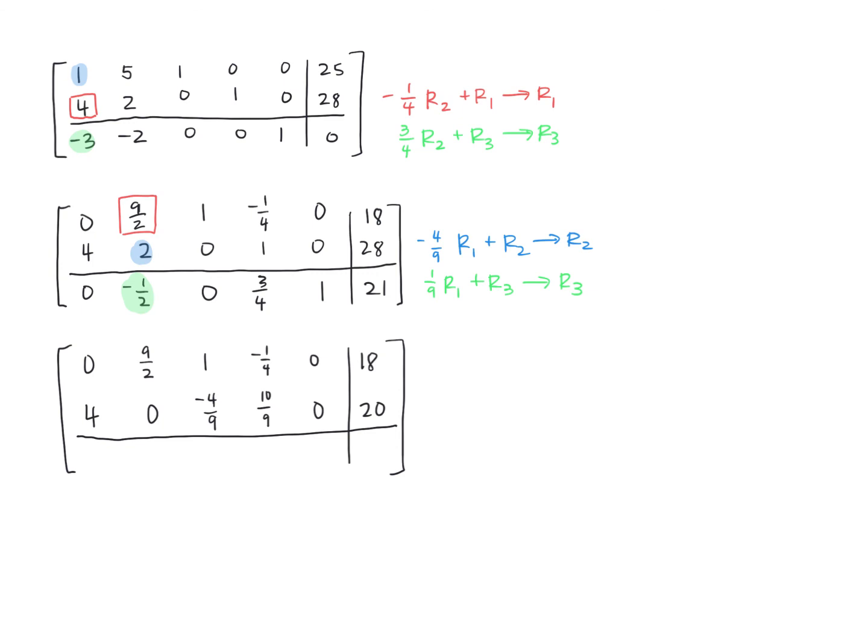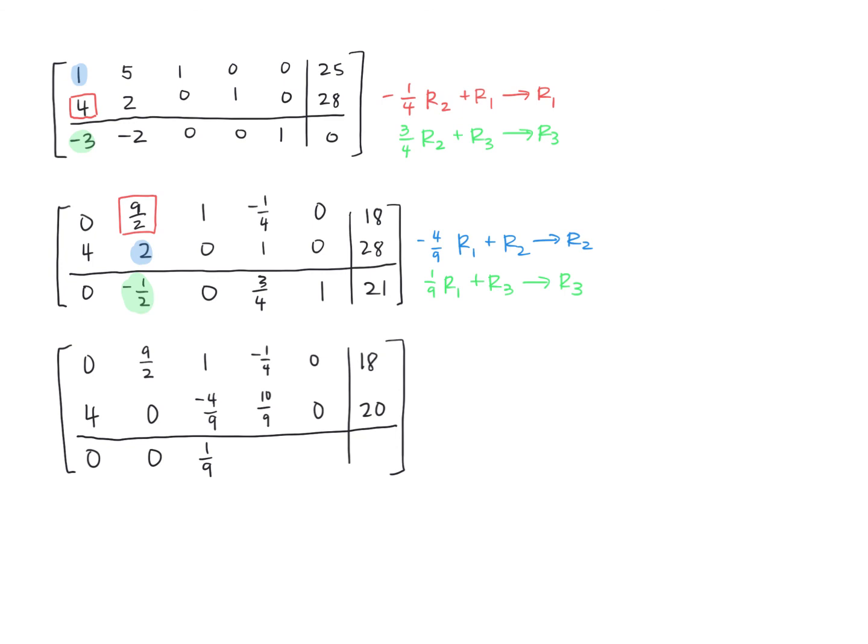All right, so let's see what I get. 0 times 1/9 is 0, plus 0, still 0. 9/2 times 1/9, that would be 1/2, and 1/2 plus -1/2 is 0. 1/9 times 1 is 1/9, plus 0 is 1/9. 1/9 times a -1/4 will be a -1/36.